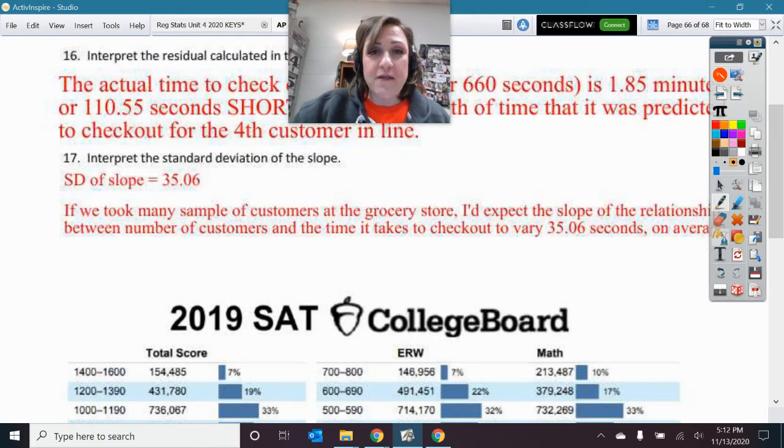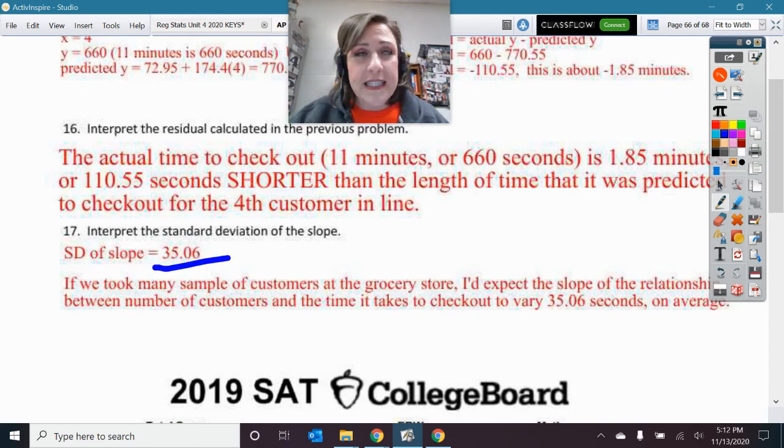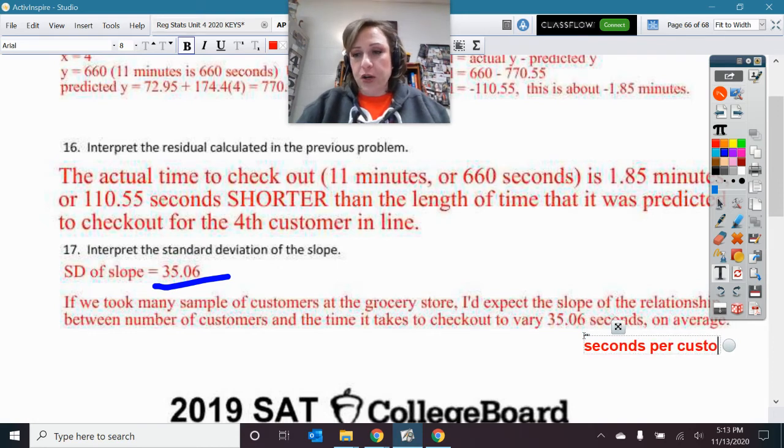Interpret the standard deviation of the slope. If we sample many times, I'd expect the slope you find of the relation between number of customers in line and the time to check out to vary about 35.06 seconds per customer because it's Y per X. I think I can fix the units better because it's Y per X, so it's going to be seconds per customer.